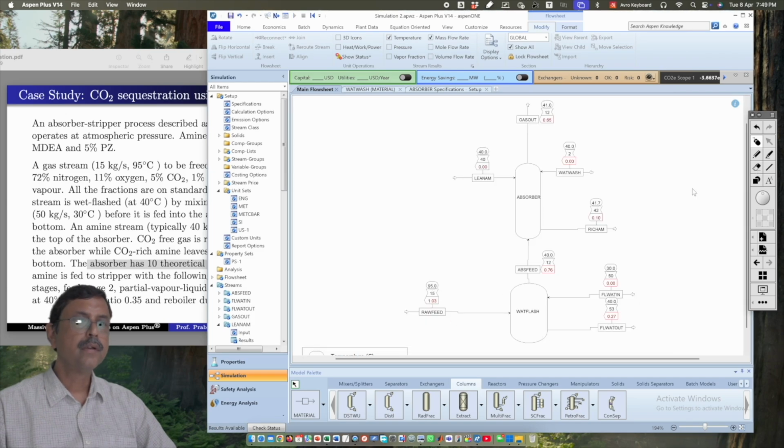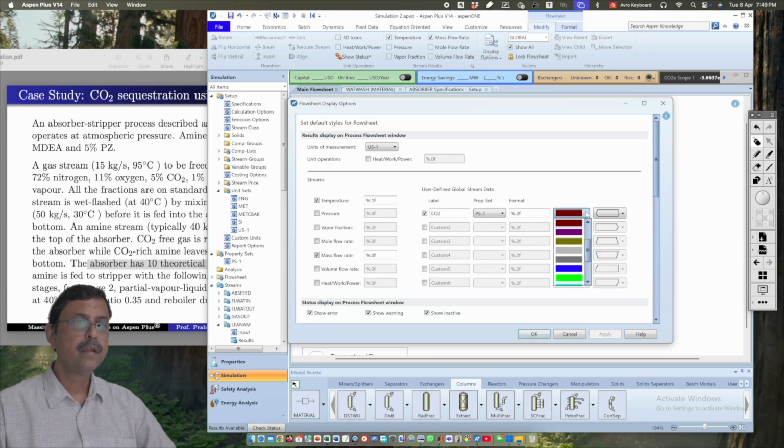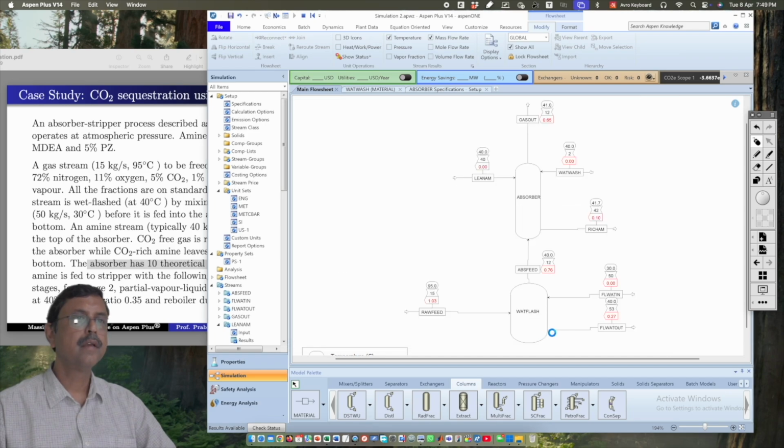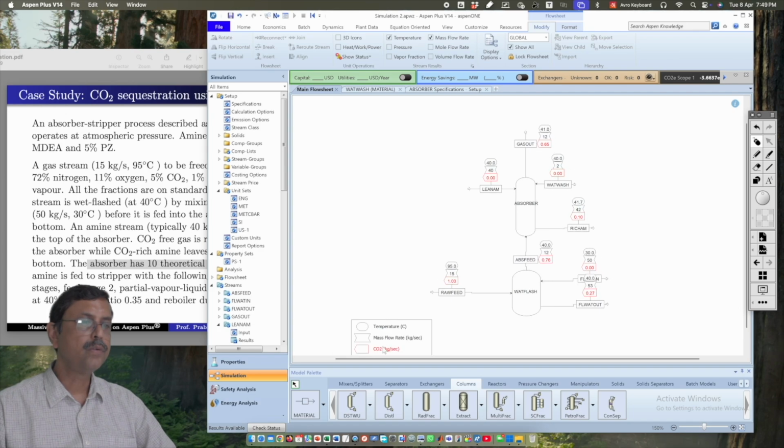We'll change the color to red. So this is the amount of CO2 in kg per second. This is the total mass flow rate, 15 kg per second, and CO2 mass flow rate is 1.03 kg per second.